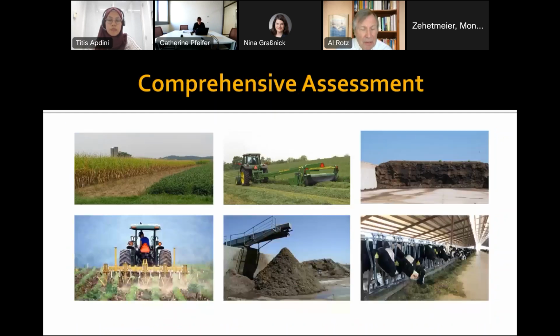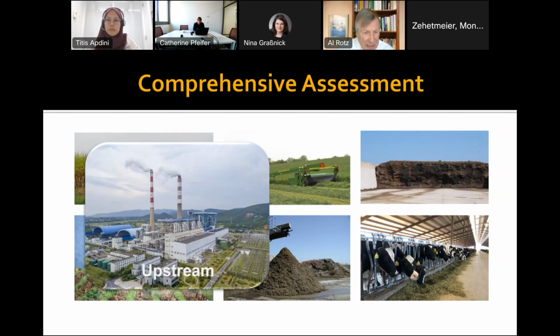So to do a good assessment, we need to take a comprehensive look at the whole production system and all the different environmental impacts. And that's what we're trying to do. So we not only include all the components shown on the farm, but as was indicated in the previous session, for doing a life cycle assessment, we also need to look at what we call the upstream impacts.